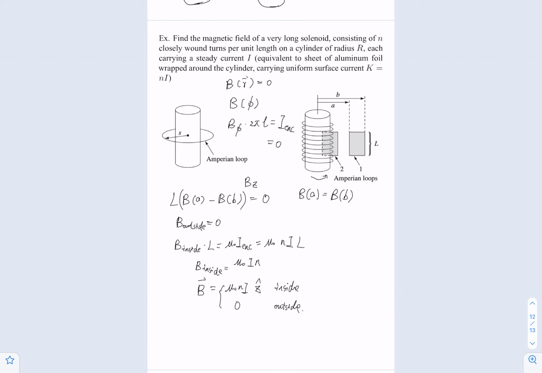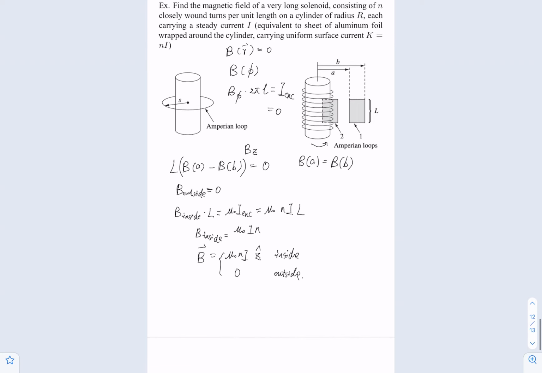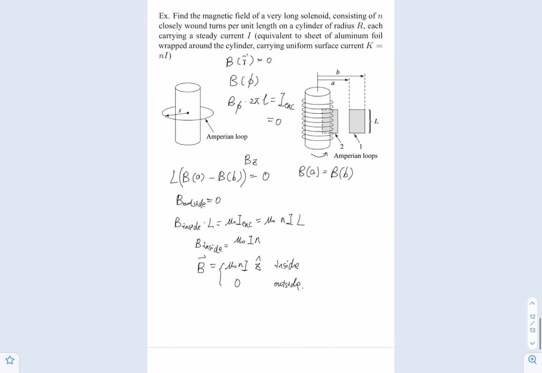The capacitor has a constant E field inside and 0 outside, and for the solenoid, it's constant inside and 0 outside. So it really concentrates all this magnetic field inside a small cavity.